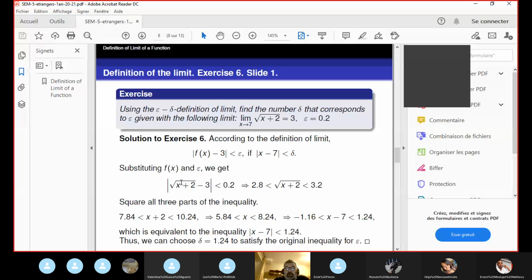Then you see that if we take epsilon 0.2, then we have that our square root of x plus 2 is between 2.8 and 3.2. I hope it's clear.